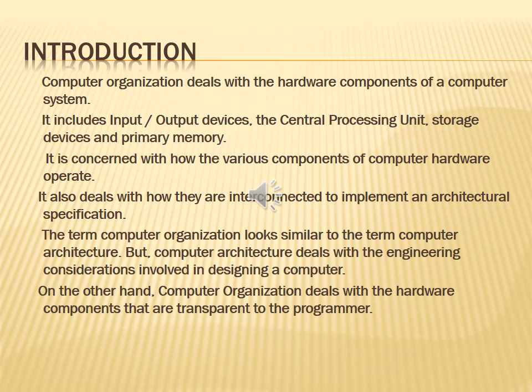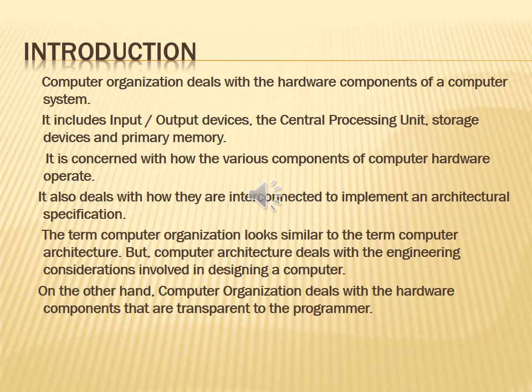Take page number 51. Computer organization deals with the hardware components of a computer system. It includes input-output devices, the central processing unit, storage devices, and primary memory. It is concerned with how the various components of computer hardware operate.